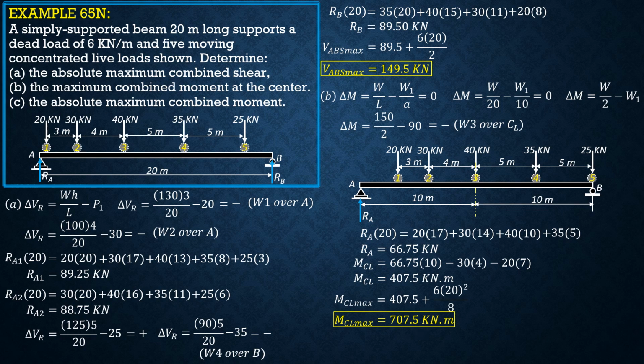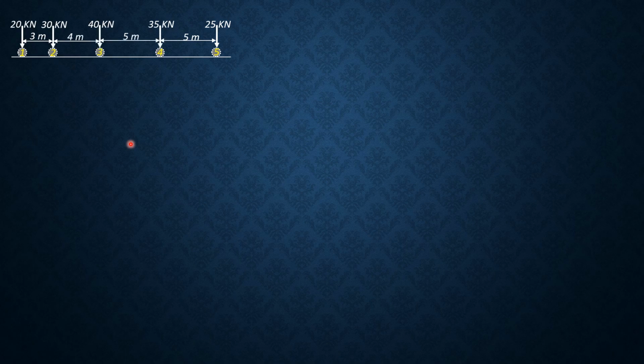And finally, the absolute maximum combined moment. For absolute maximum moment, it occurs under wheel 3. When wheel 3 and the resultant of the loads are positioned equidistant from the center line, the center line will be here, and R is 150 kilonewtons.